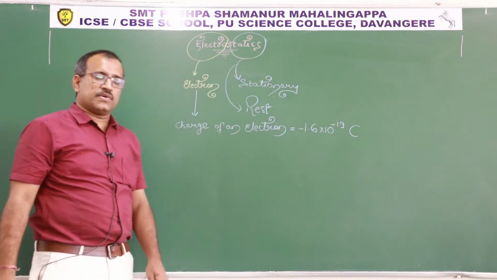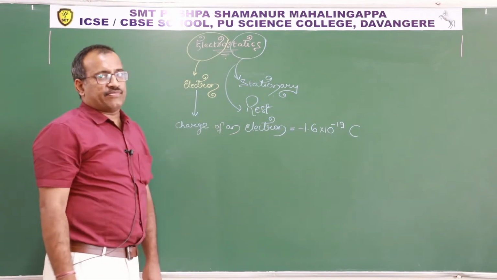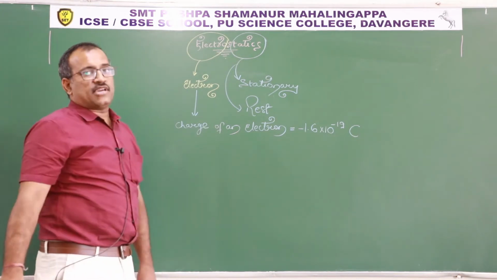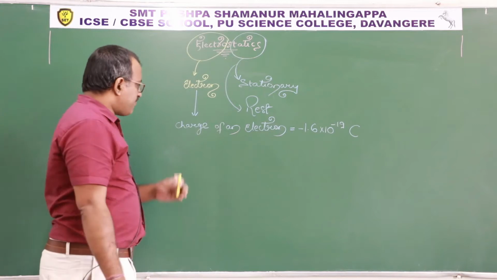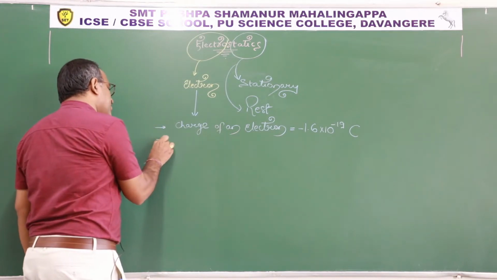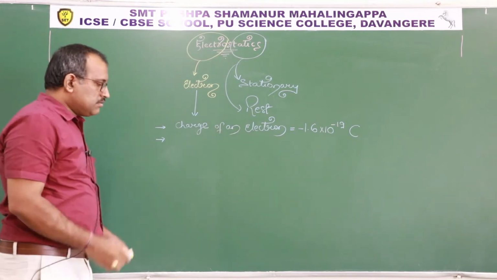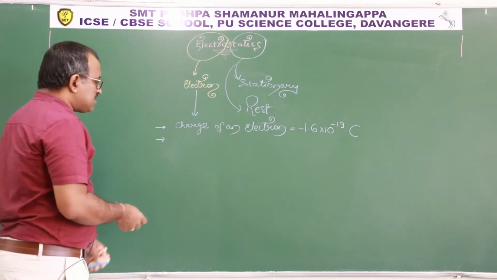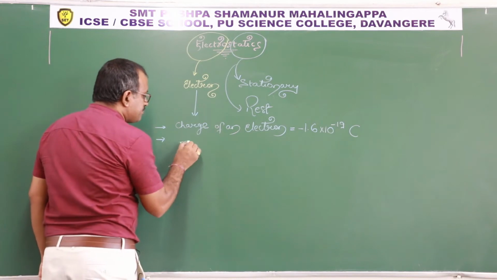Charles Augustin Coulomb was the scientist's name; in his honor, they kept the name Coulomb. What is the mass of an electron?